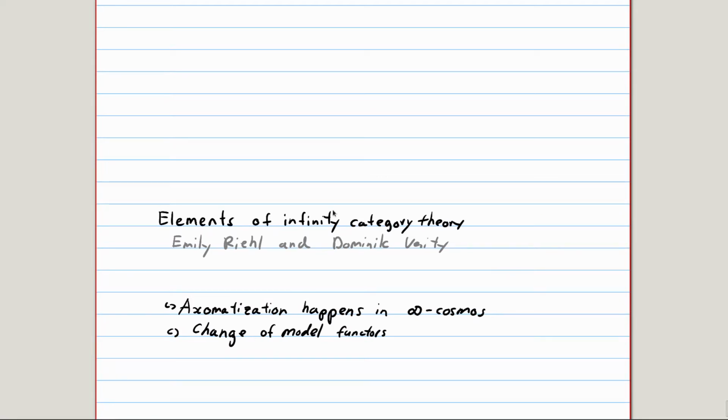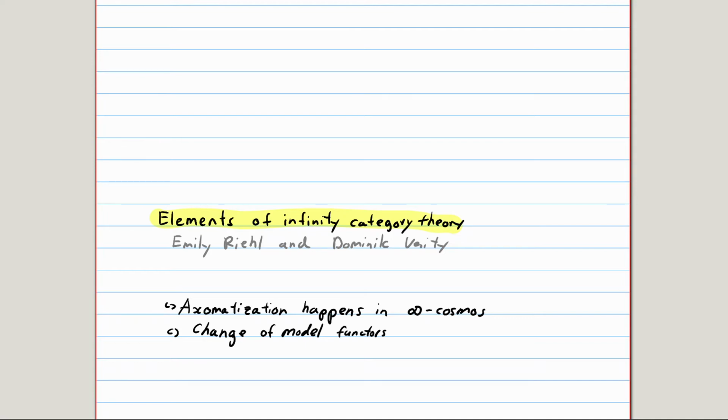They released this great book, Elements of Infinity-Category Theory, and what they did is define the axiomatization of infinity categories in a larger structure called infinity-cosmoi.